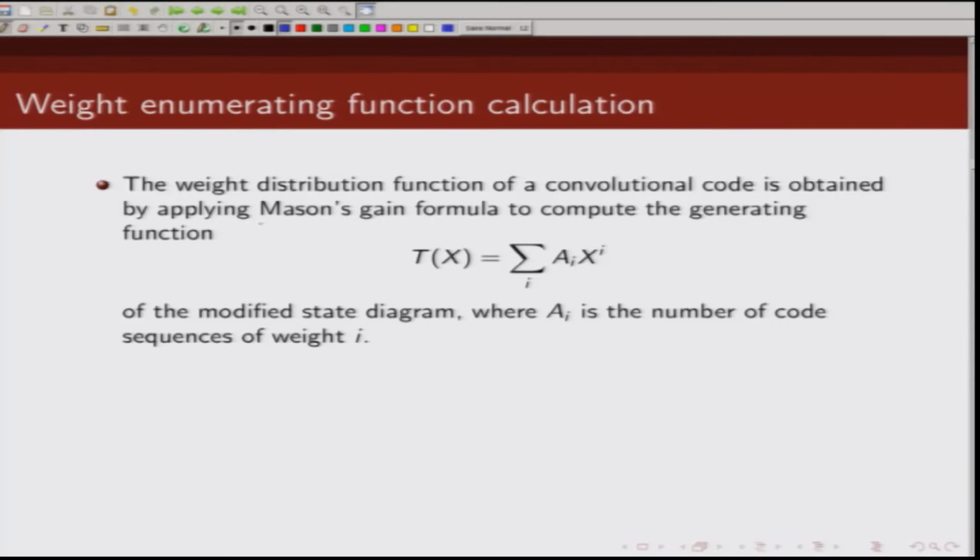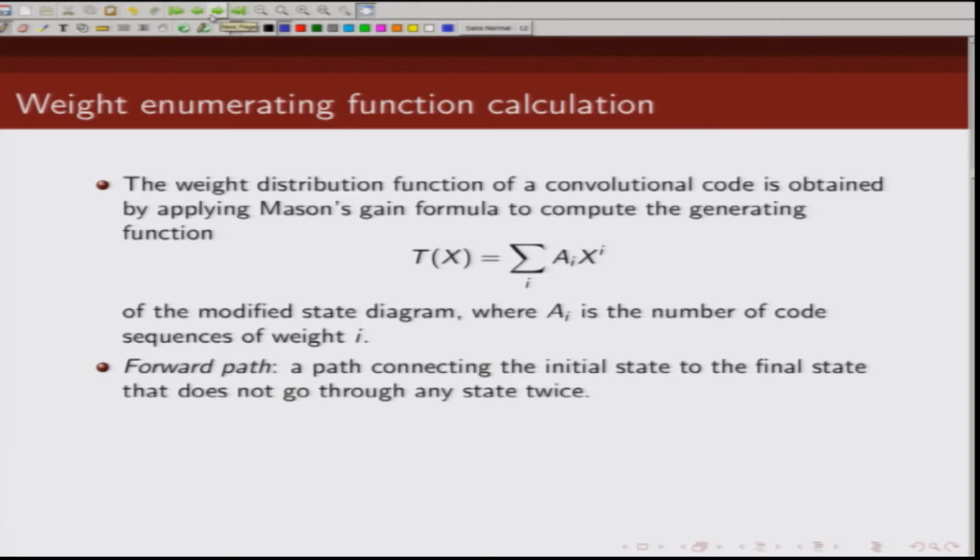As we said, we are going to use Mason's gain formula to compute the weight enumerating function for the convolutional code. So, we are going to describe how we are going to use the Mason gain formula. We represent by T of x the generating function, which will basically enumerate all codewords of weight I. Now, let us define a few terms that we are going to use in Mason's gain formula.